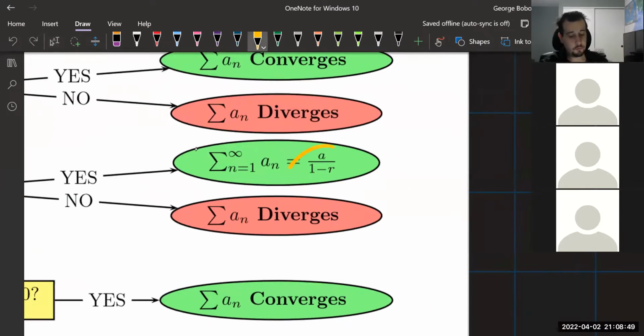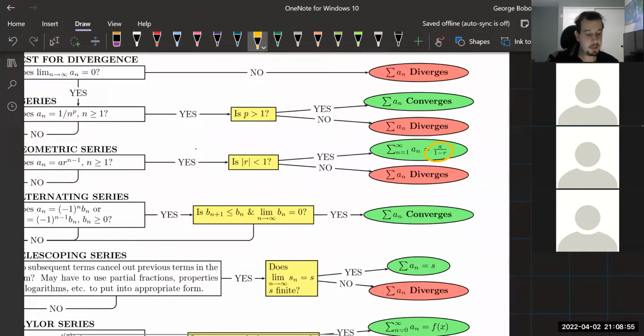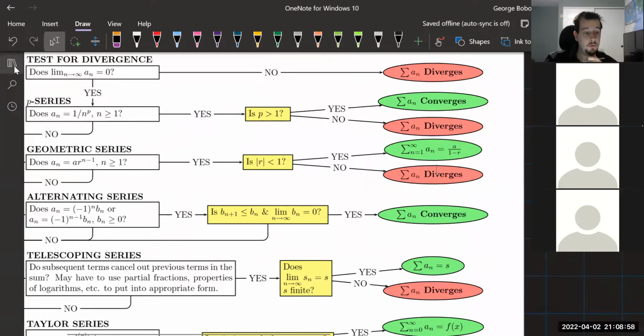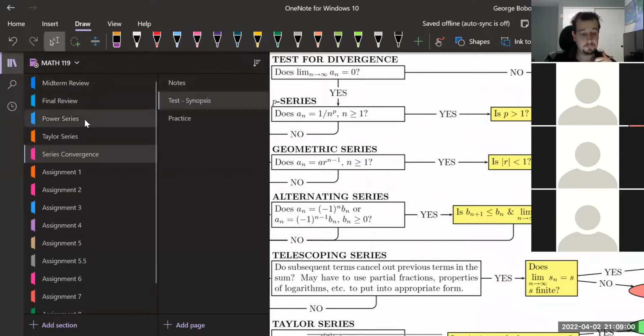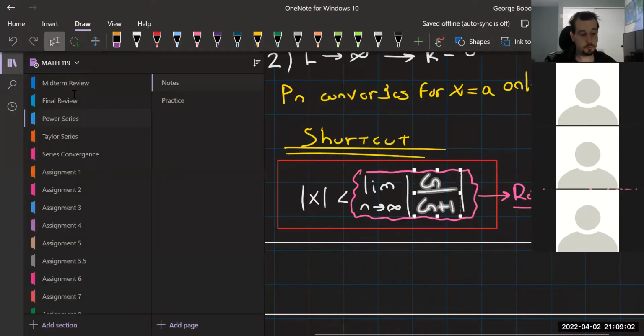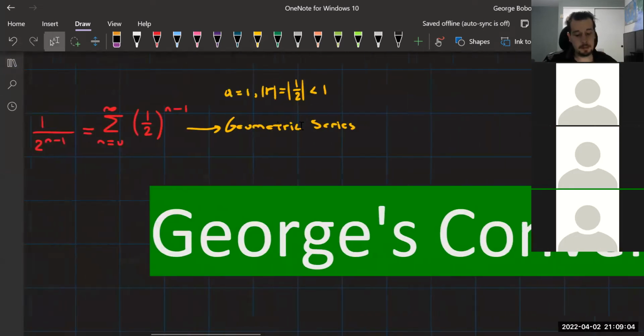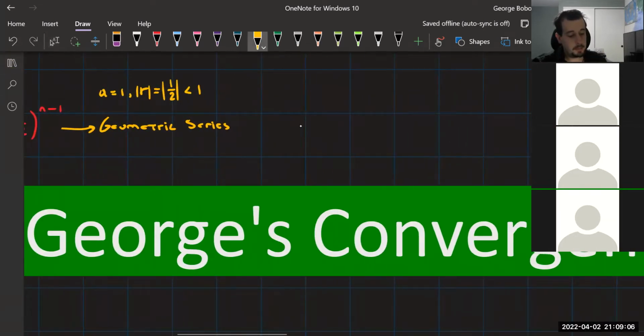We do converge, though, to this value. That's a finite value. So this guy is right now convergent. Whoops, wrong file. So because, again, this is less than 1, convergent.